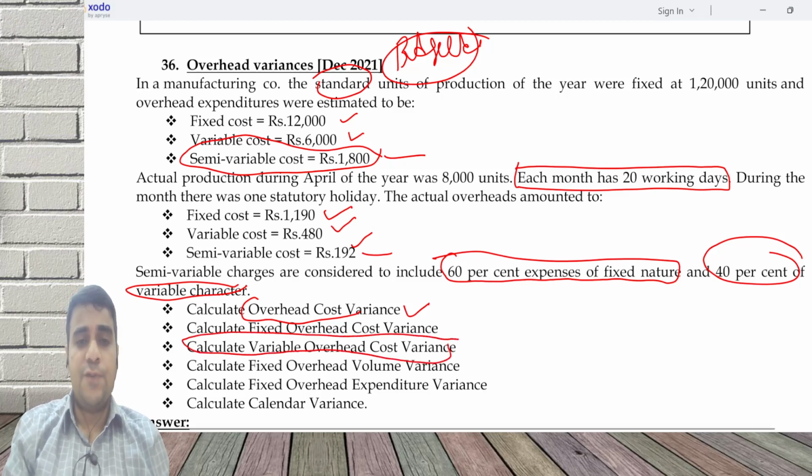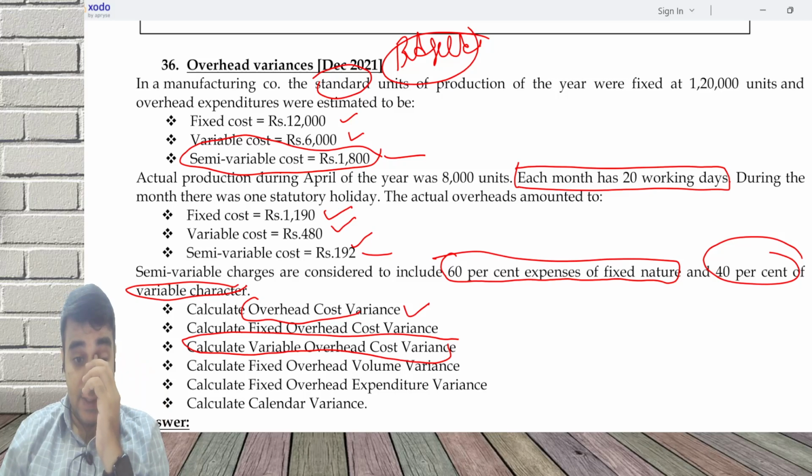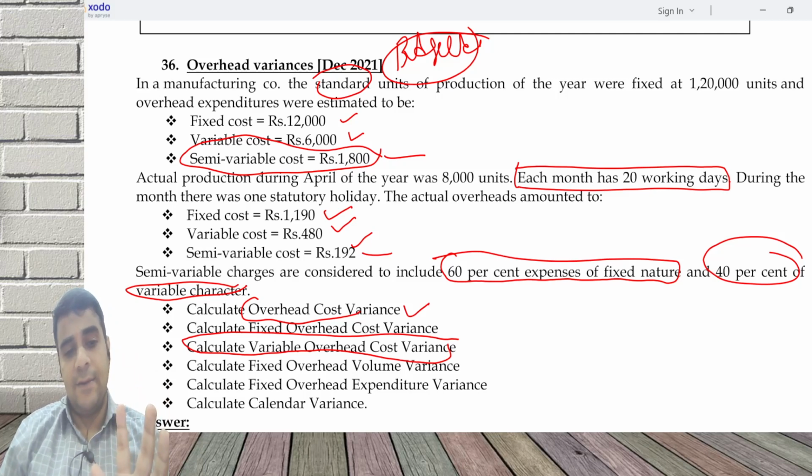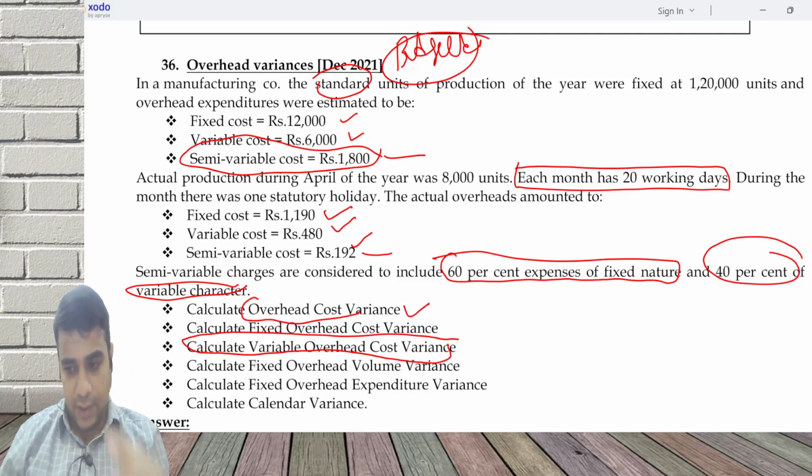They have not asked for expenditure or efficiency. Breakup is not asked. In fixed overhead, cost, volume, expenditure and calendar variances have been asked. So multiple variances have been asked. Fixed overhead cost plus variable overhead cost is overhead cost variance.